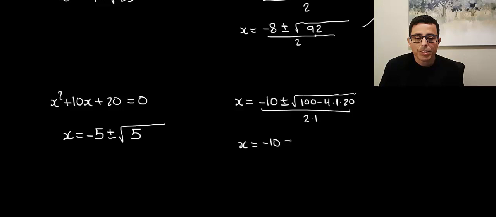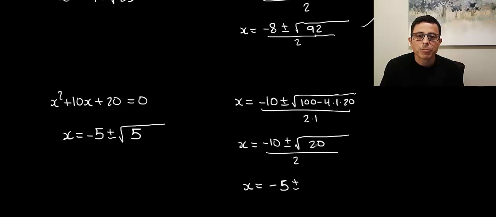This would be -10 plus or minus, okay, this is 100 minus 80, so it's 20, divided by 2. This will be -5 plus or minus, notice that 20 is 4 times 5, so you have a square root of 4, which is 2, divided by 2 cancels out, and you get the square root of 5 there.